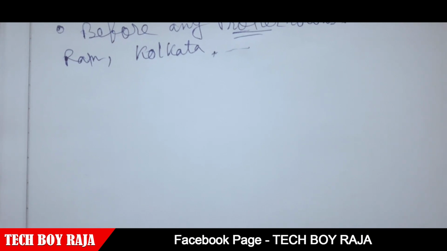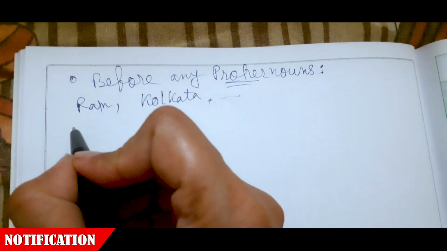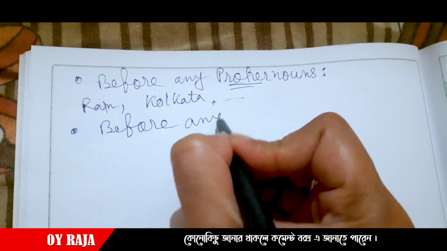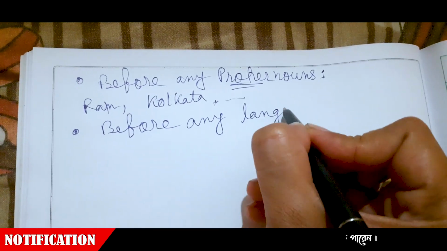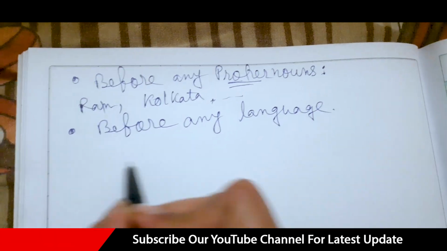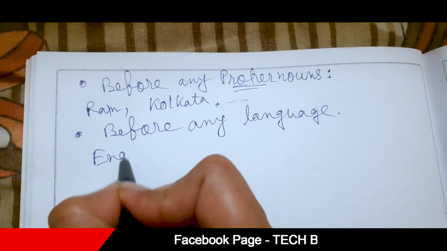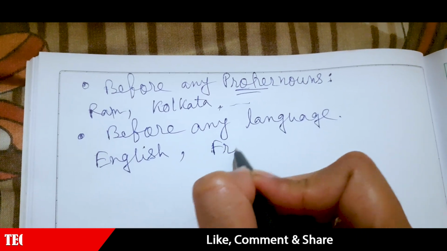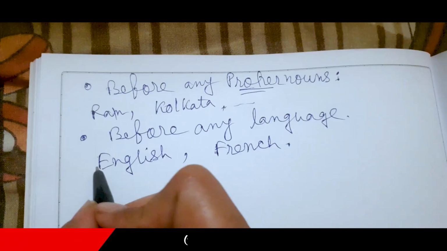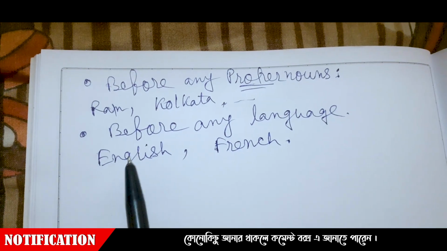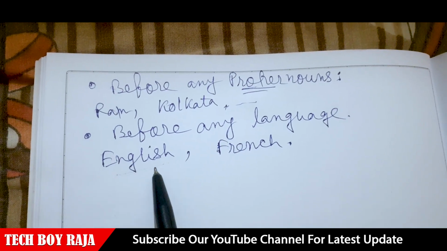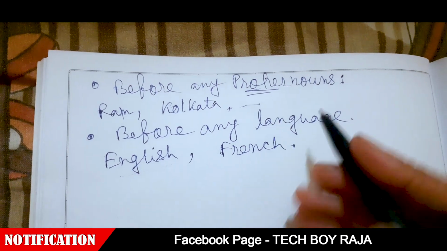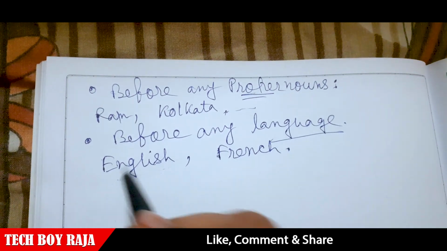Okay, then when you are mentioning any language, before any language no need to use any article, like English, French. Sometimes by mistake we write the English, the French, but that is not a correct way. When you use the English, you are using this word to mention the nation, not the language. Whenever you are writing for the language, no need to write "the."